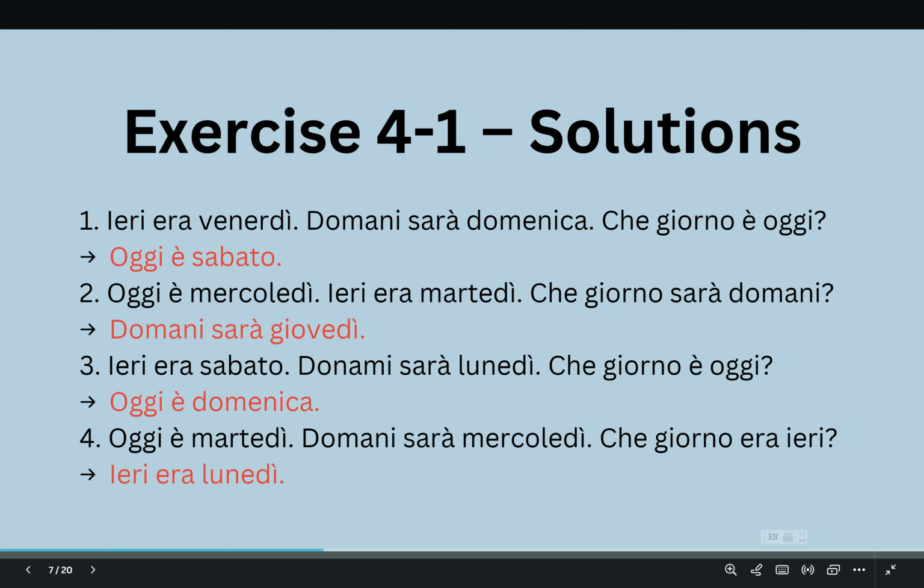Oggi è mercoledì. Ieri era martedì. Che giorno sarà domani? Domani sarà giovedì.